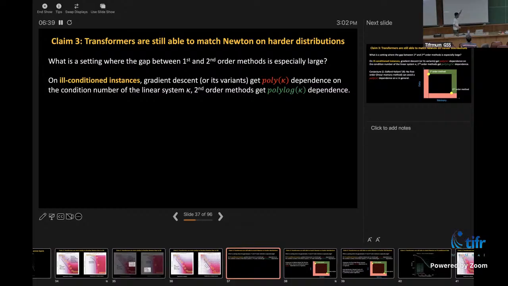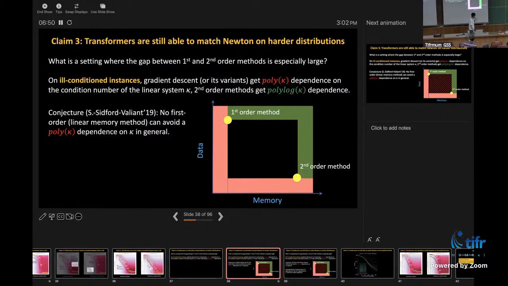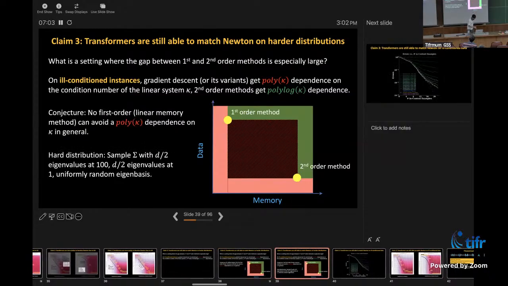Whereas second order techniques can get a much milder polylogarithmic dependence on the condition number. And in general, we don't really expect there to be something in between. At least it seems reasonable to conjecture that we cannot get around these polynomial dependencies on condition number without using a lot more memory. So this suggests a hard distribution as well.